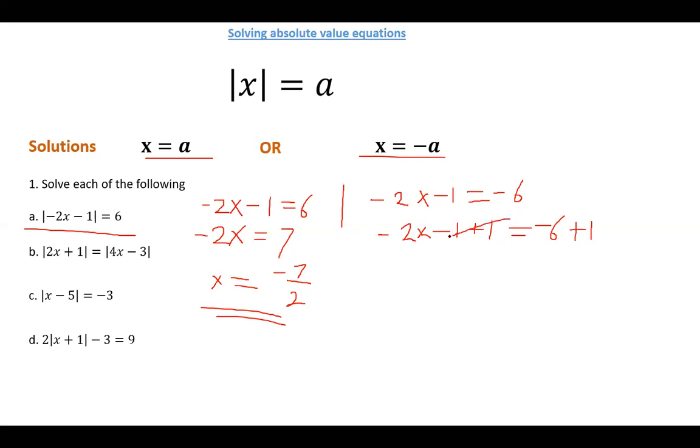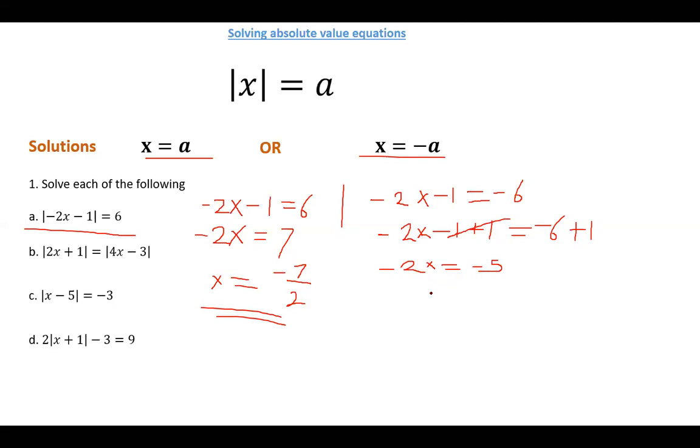This will give you a 0, so this side remains with -2x. On the other side, you have negative 6 plus 1 to give you negative 5.